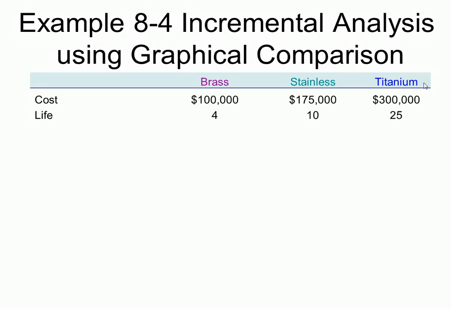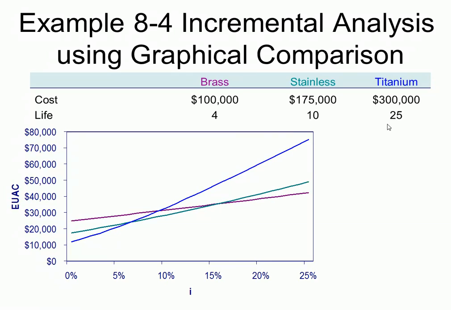And so there are different costs, brass being the cheapest, titanium being the highest initial cost, and then they have different useful lives. Of course, if we were to look at the useful lives, if we try to use a least common multiple approach, it probably would be kind of difficult, because the least common multiple for all of these would be 100 years, which is quite long.